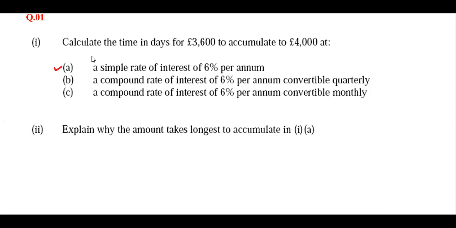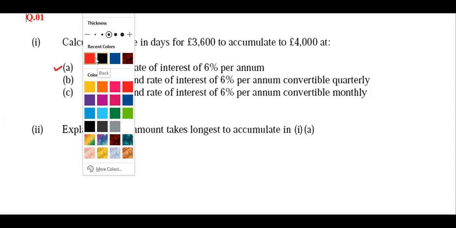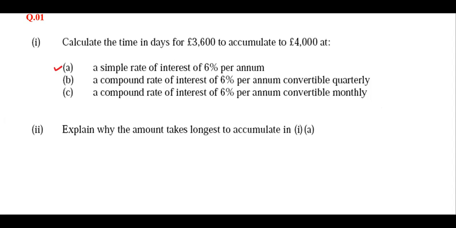So the initial amount we need to write and the final amount we need to write. Then we have to apply whatever formula we have. Because when you solve this, we'll have to use the first formula. The first formula is this one.